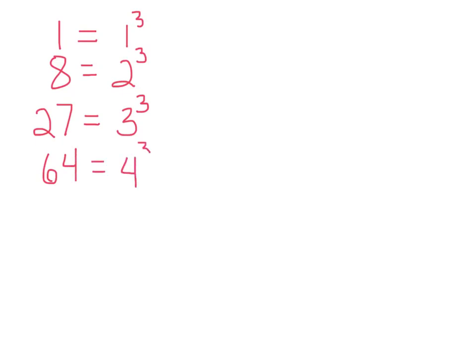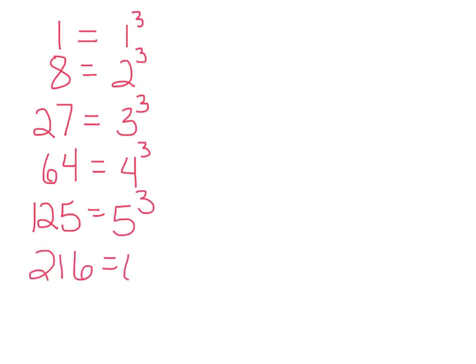So when you see 64, just know it's a magic special number, and you can check it out in the calculator if you don't remember what it is. 125 is 5 cubed. And 216 is 6 cubed. 343 is 7 cubed. So I just want you to know that these are special numbers, and hopefully when you see them, you'll recognize them as perfect powers.